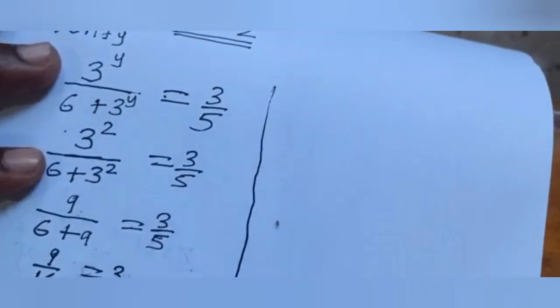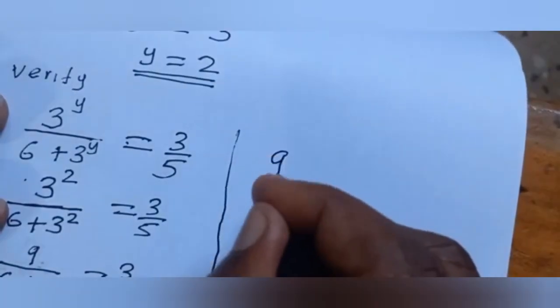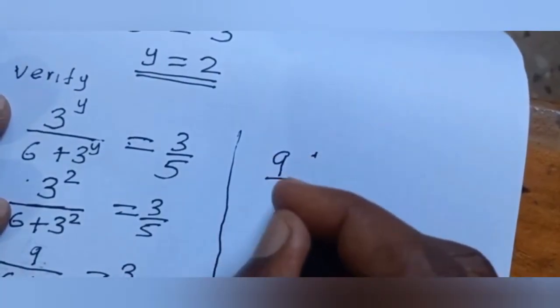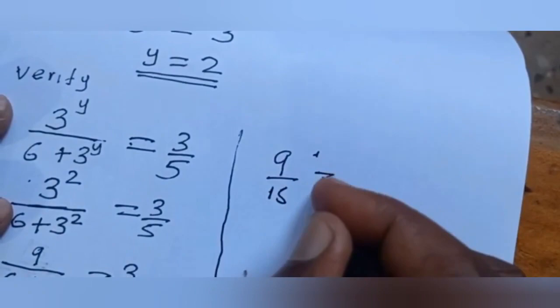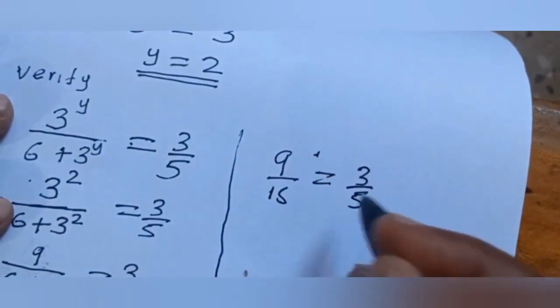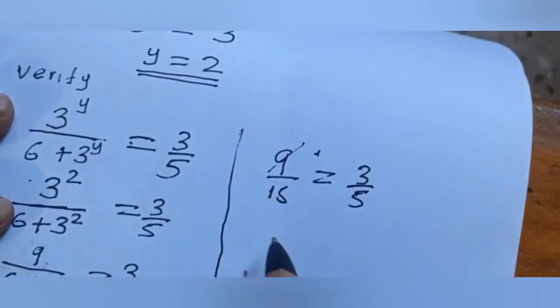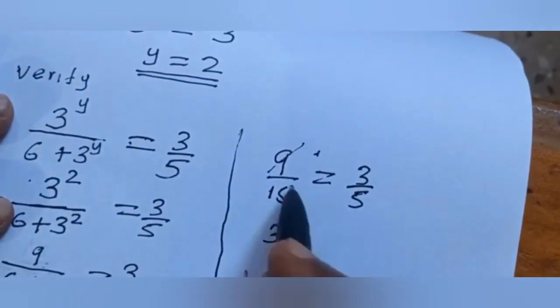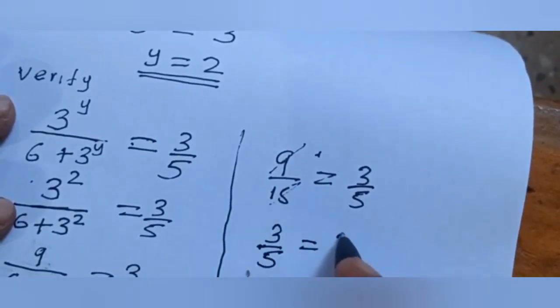We can simplify 9 over 15: dividing by 3, we get 3, and dividing by 3, we get 5. So we find that the left-hand side equals the right-hand side.